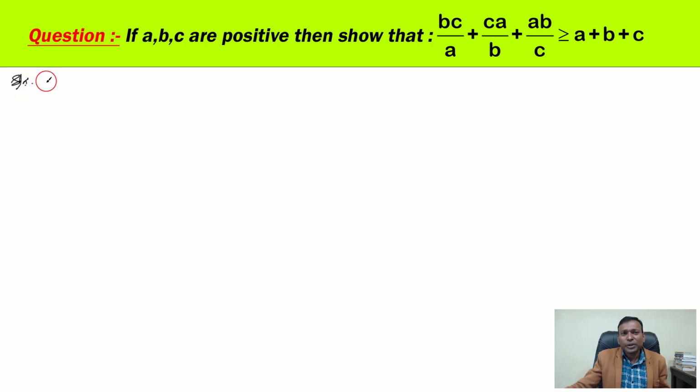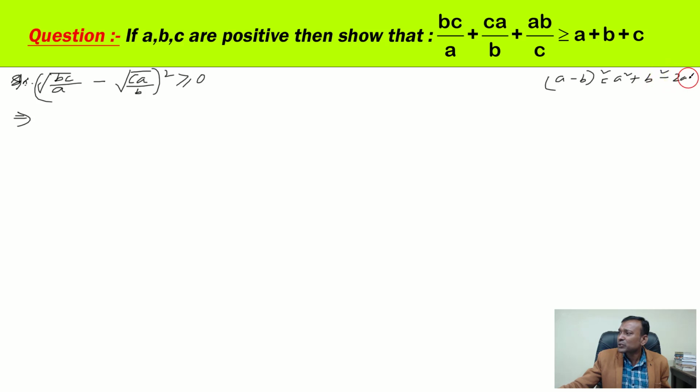We know the square of any number is non-negative, therefore root BC by A minus root over CA by B, whole square, is greater than or equal to 0. This is of the form A minus B whole square, which is A square plus B square minus 2AB.